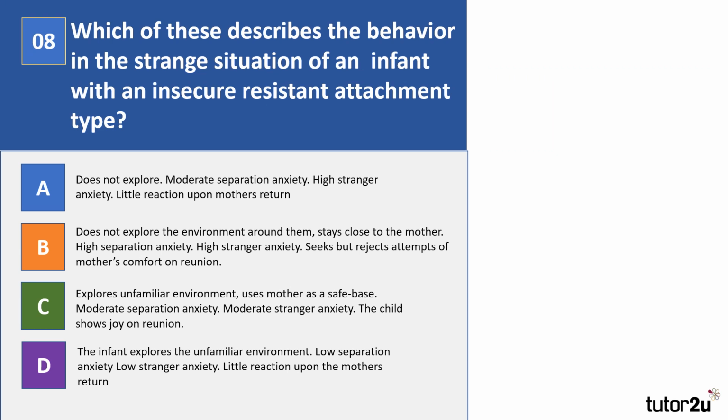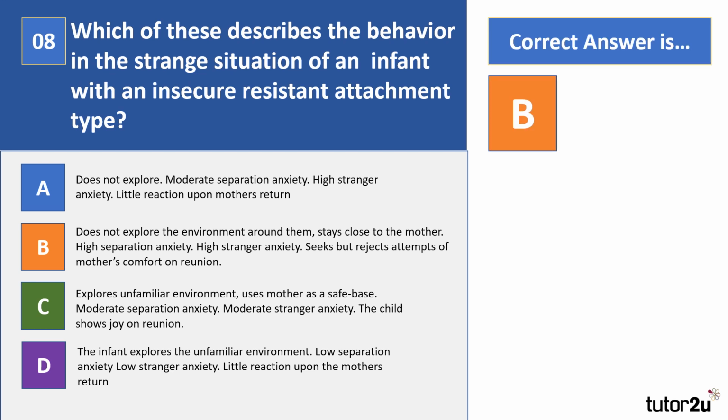Next question is 8. Which of these describes the behaviour in the strange situation of an infant with an insecure resistant attachment type? So take a moment to read through those, pause, and I'll go through the answer.